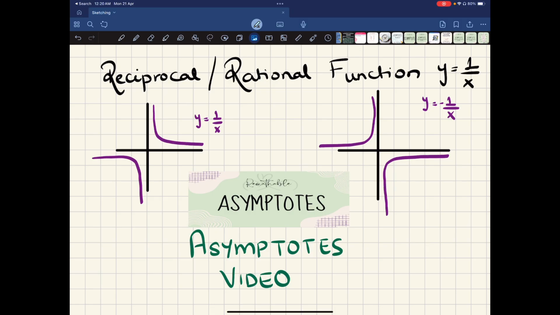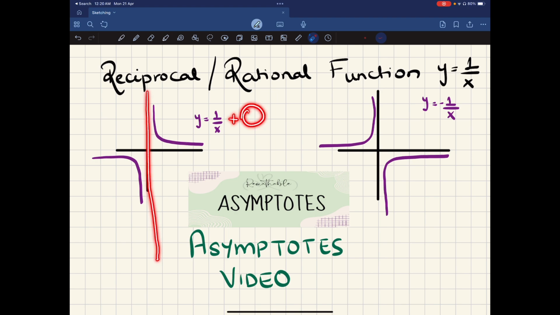But very quickly, the vertical asymptotes of a graph, we find them by equating the denominator equal to 0. So in this case, x is equal to 0. So this is going to be the vertical asymptote. And to find the horizontal asymptotes, we see what is being added or subtracted. So in this case, 0 is being added or subtracted, so your horizontal asymptote is going to be y is equal to 0. So this is your vertical asymptote, this is your horizontal asymptote.